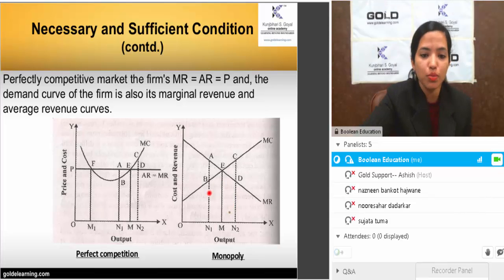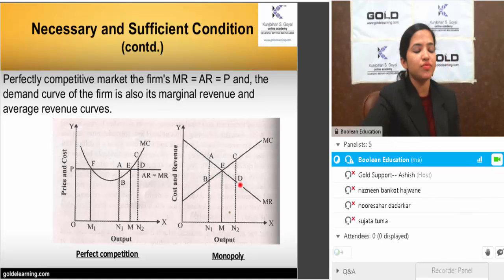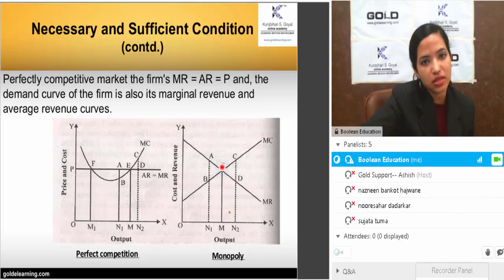What happens under monopoly? Monopoly में marginal cost and marginal revenue curve are intersecting only at one point, that is point E. And here MR, marginal revenue, is decreasing and MC, marginal cost, is increasing. Meaning this is satisfying both the conditions, that is sufficient condition and necessary condition. First order condition and second order condition. Right? दोनों भी conditions यहाँ पे fulfill हो रहे हैं.